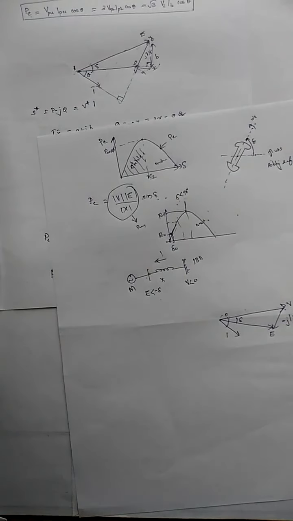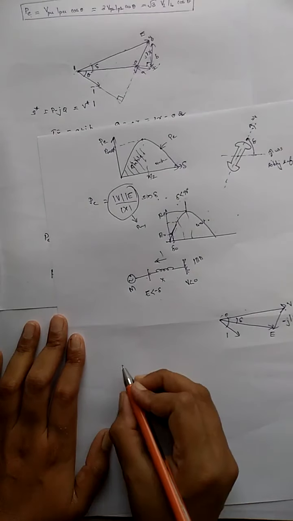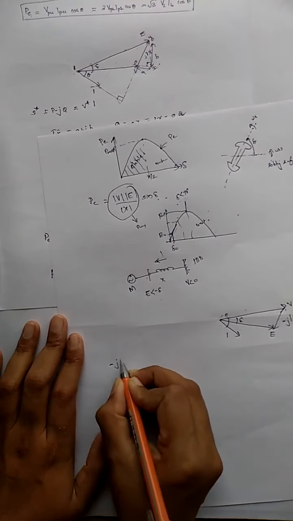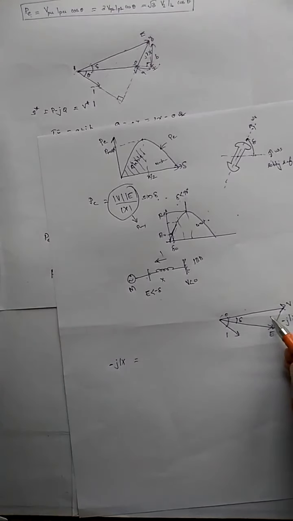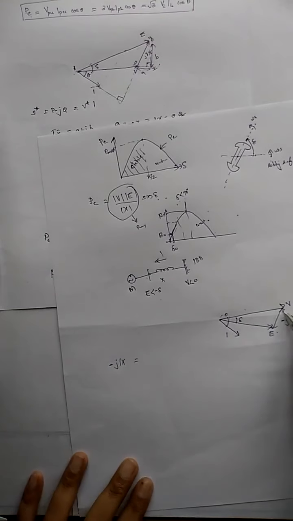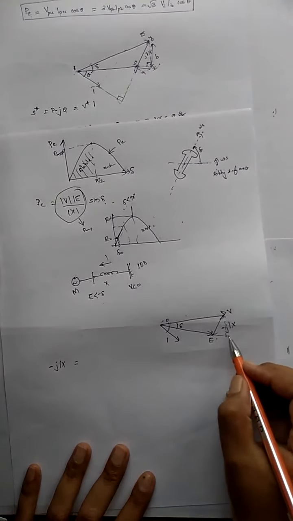When the machine is working as a motor, the equation reverses, that is I have to write minus jIX equal to V minus E cos delta. Here we have to solve this right angle triangle.